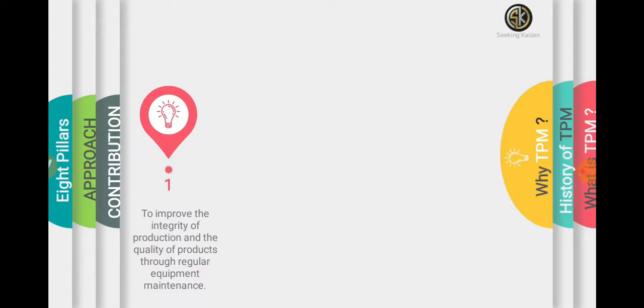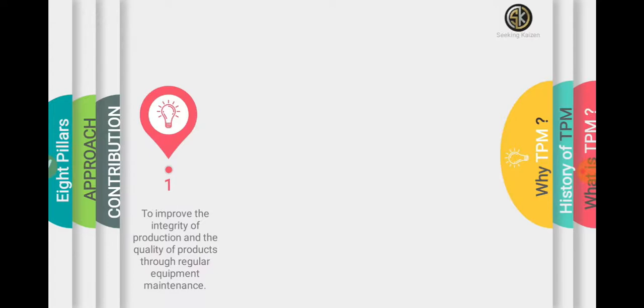Now let's discuss the scenario where TPM is there. Okay, with the adoption of TPM, things tend to change. Today TPM builds on the classical Japanese concepts of autonomous maintenance with process mapping for cross-functional duties, coupled with the right tools and training.